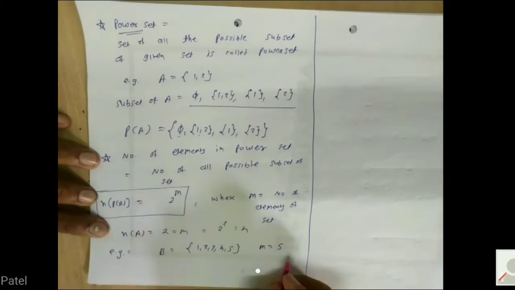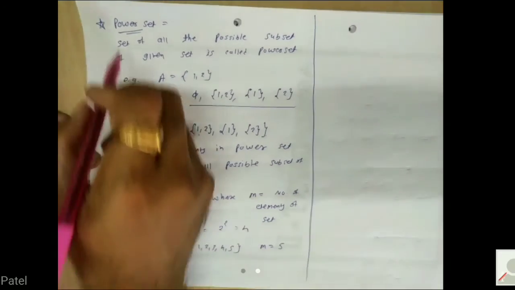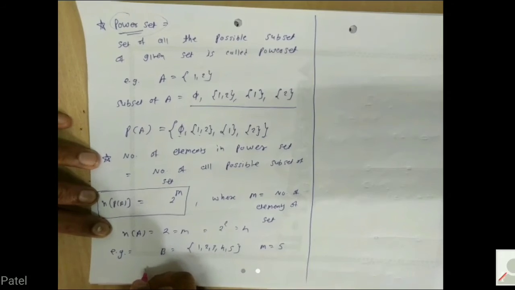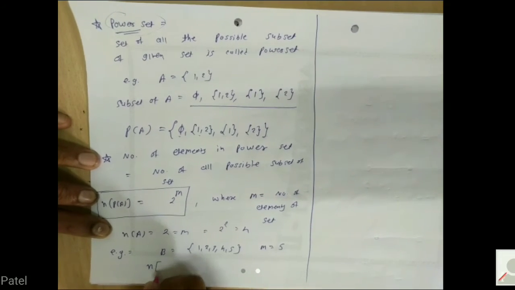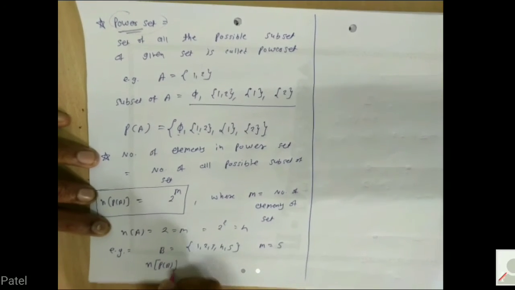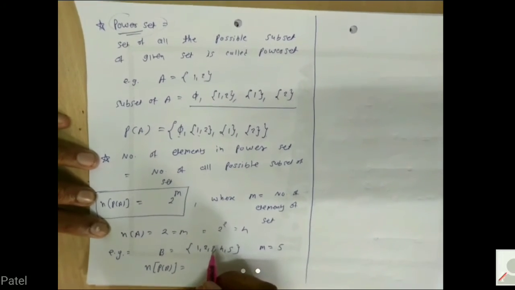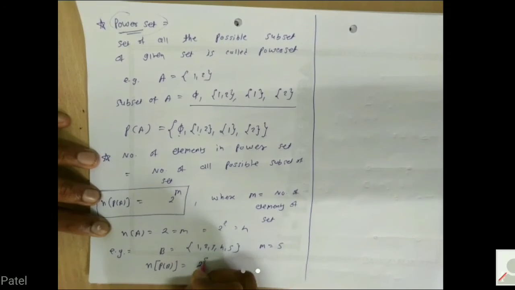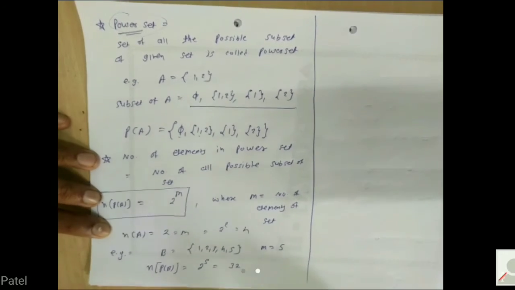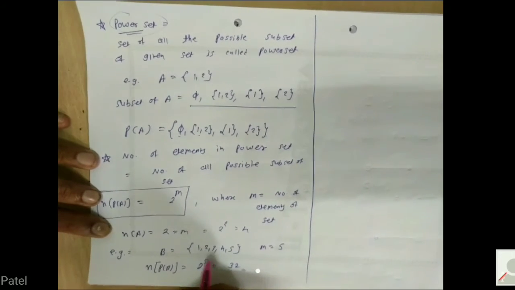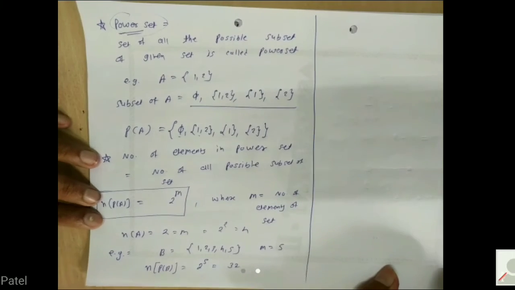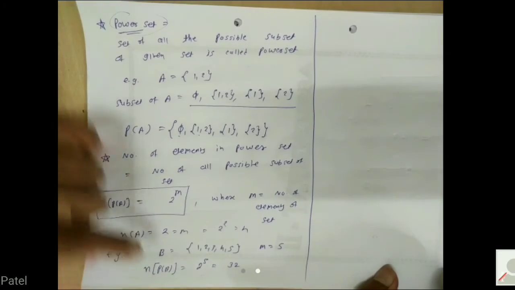So if the question is how many elements are in the power set of B, you would have to write the total number of possible subsets. That would be a tedious task, but you can directly write 2 raised to 5 equal to 32. So the total number of possible subsets for set B is 32, and the number of elements in the power set of set B is 32.